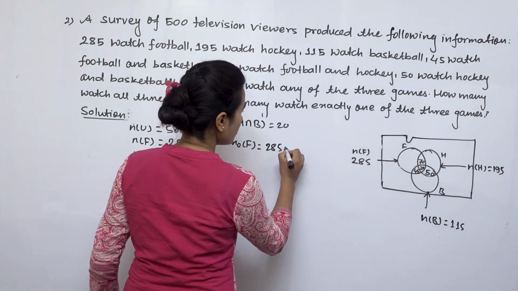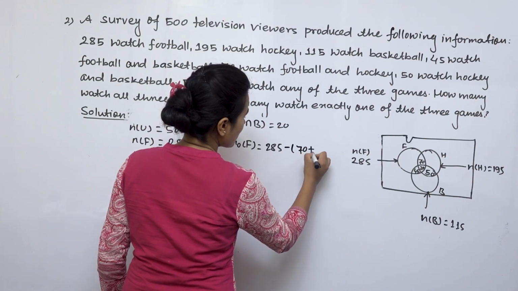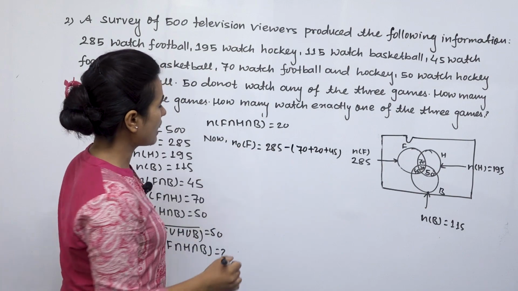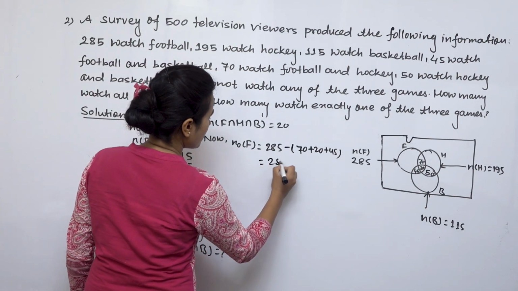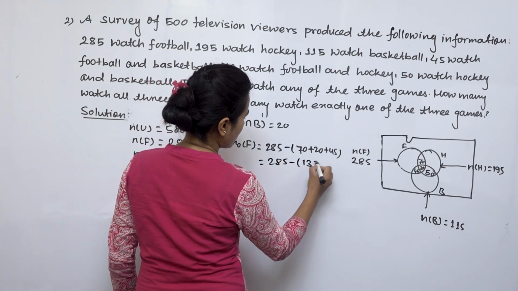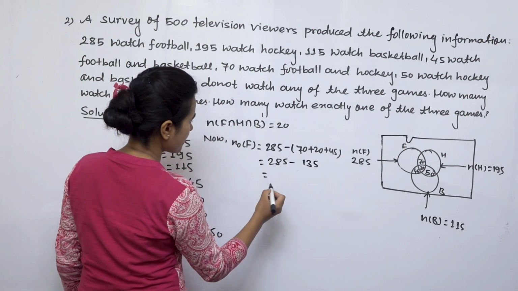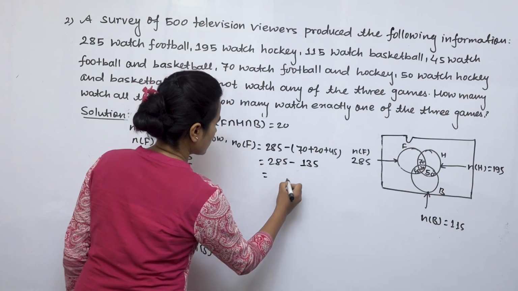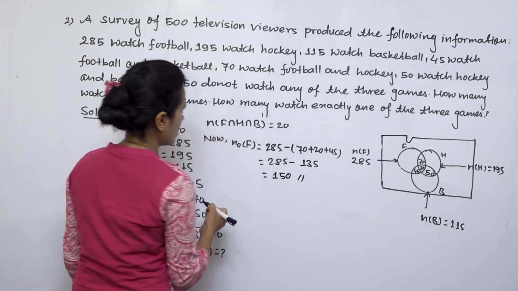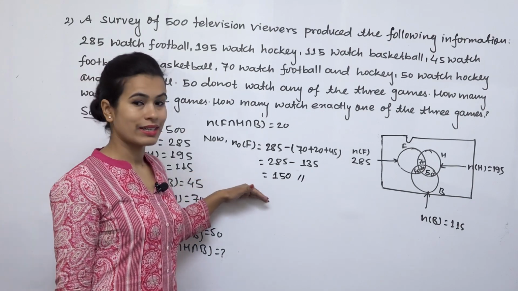So we need to add those three terms, 70 plus 20 plus 45, which is 135, and subtract from 285. So n(only F), the number of people who like only football, is 150.